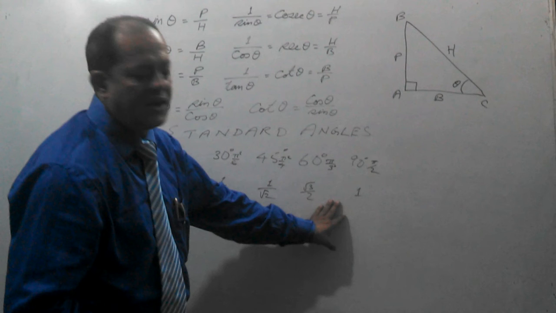So now this gets cancelled. So sin A plus B minus sin A minus B, it will be 2 cos A sin B. So we can write your 16th formula, that is 2 cos A sin B is equal to sin A plus B minus sin A minus B. Right?